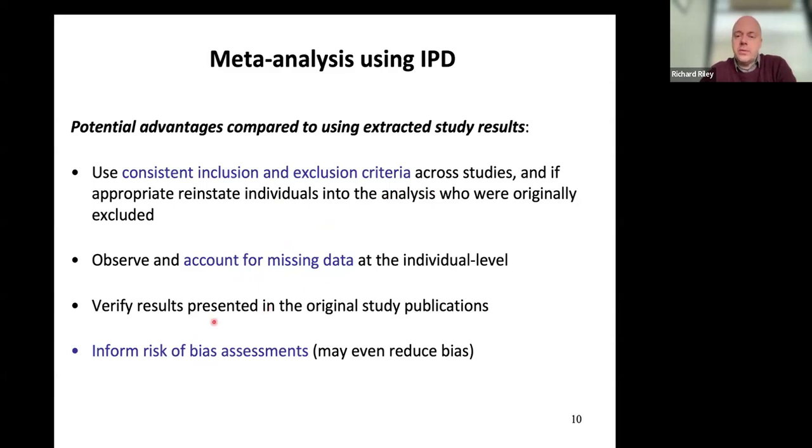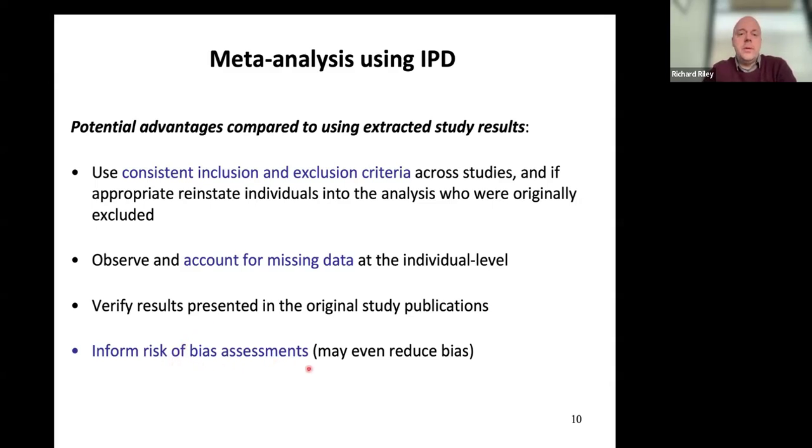We can verify results that were published, so we can use the IPD to check if we get the same results as they did originally, and maybe that may raise some integrity issues or just give us more credibility in terms of the results that we're putting into the meta-analysis. We may be able to inform risk of bias assessments.